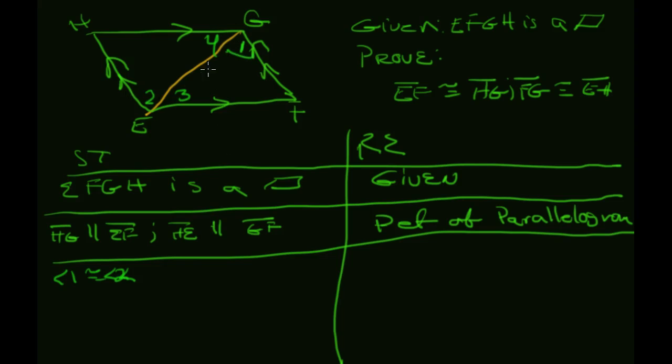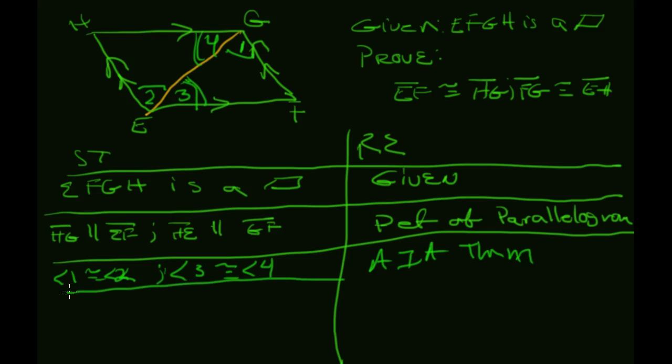Because these are alternate interior angles. It also means that if these two are parallel, 3 and 4 have to be congruent. So angle 3 also has to be congruent to angle 4. This is all because these are alternate interior angles, and by the alternate interior angle theorem, those angles have to be congruent. Okay, so this segment GE has to be congruent to itself. That's the reflexive property.